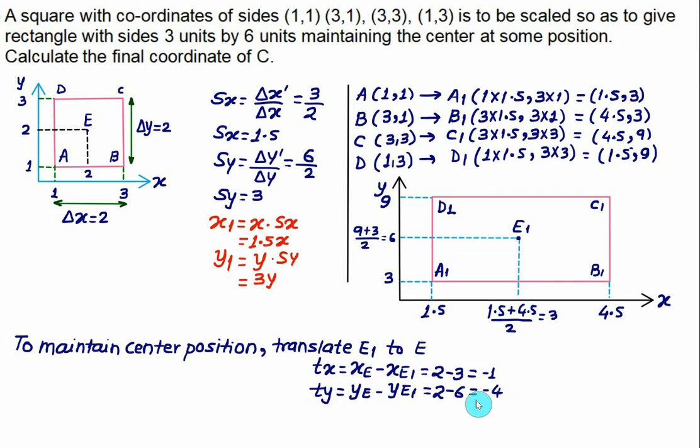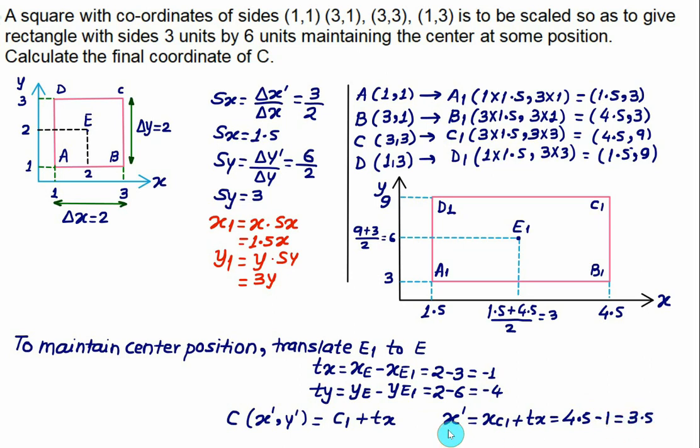So using this translation we can calculate the final position of C. The final position of C, which is represented by x prime, y prime, is given as C1 plus T. That is, x prime is equal to the x coordinate of C1 plus Tx. The x coordinate of C1 is 4.5, plus Tx is -1, so the x coordinate will become 3.5.